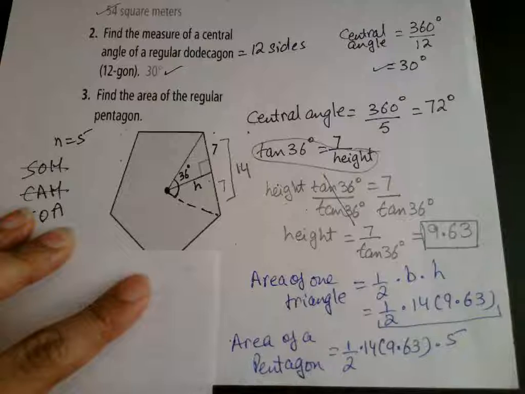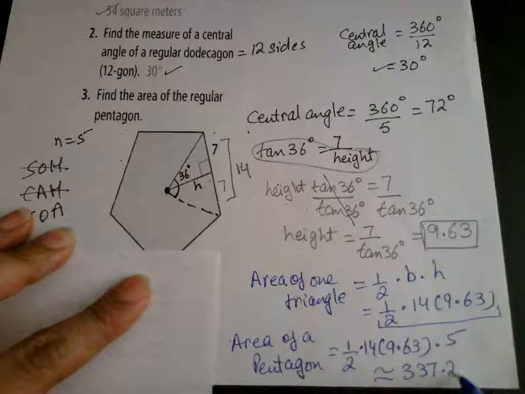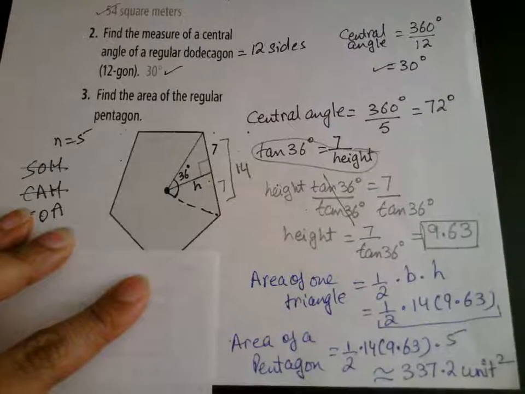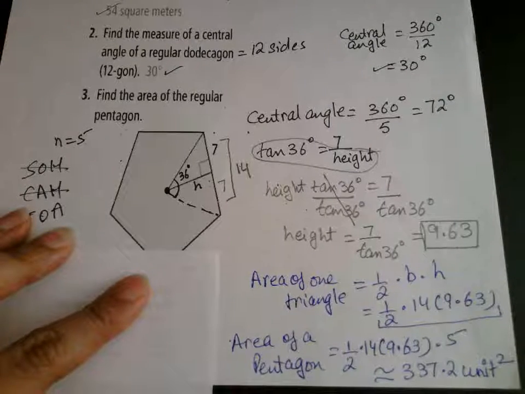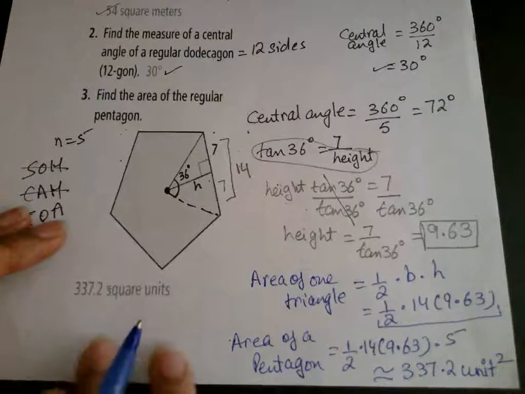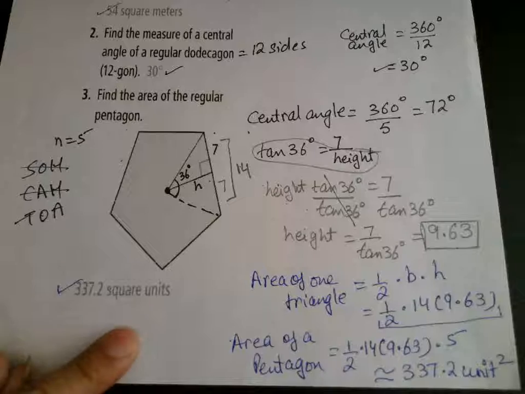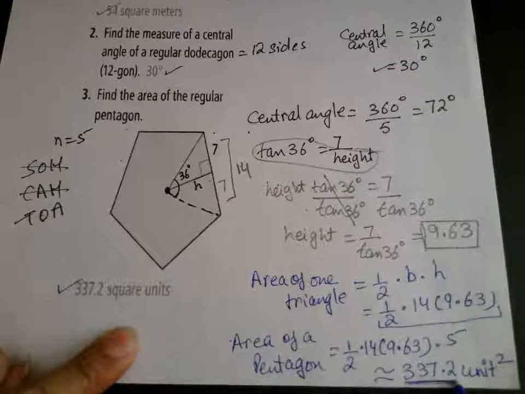If you plug it in your calculator, you will get approximately 337.2 square units. And let's check the answer. Oh, here you go. 337.2 square units. This is our answer.